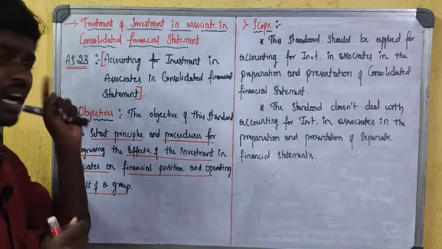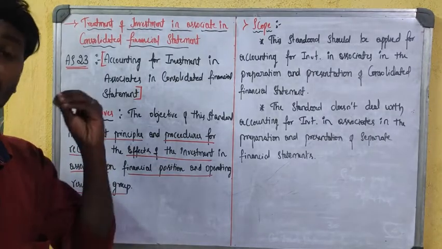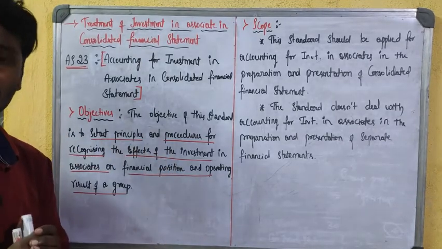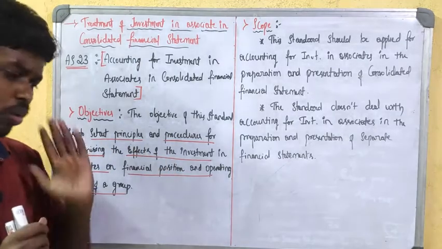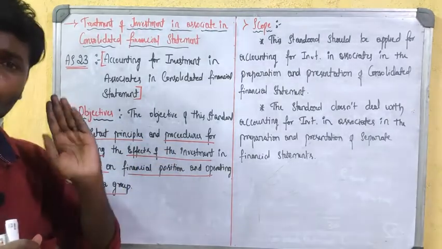Okay, so this accounting standard 23 implements the rules, regulations, policies, procedures and principles related to the associate investment.